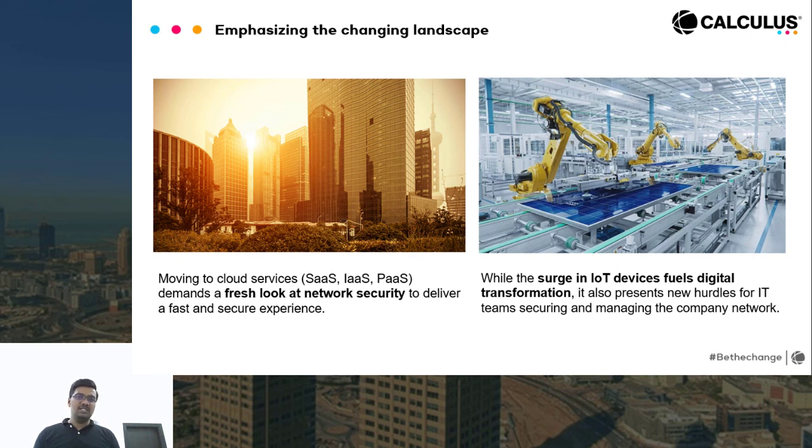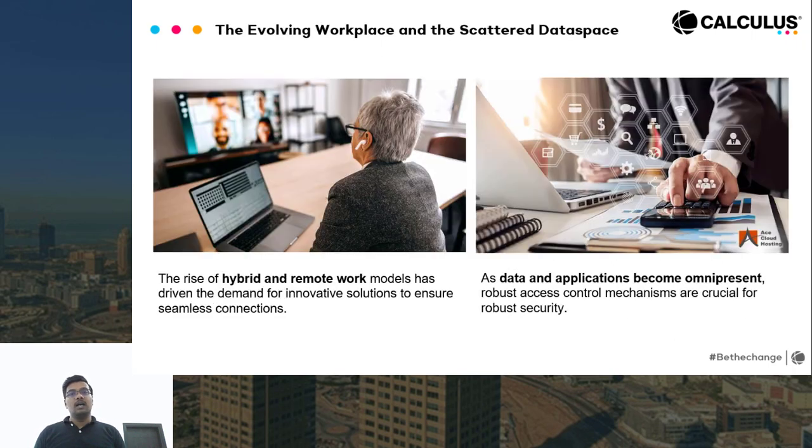Also, the IoT surge does bring in new challenges and pushes us to rethink the way we do security today. And the post-pandemic hybrid and remote work model, and the data and applications being omnipresent everywhere, makes us produce new ways and innovations to guarantee robust security for our enterprise networks.